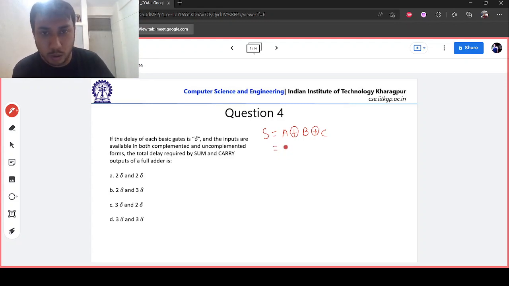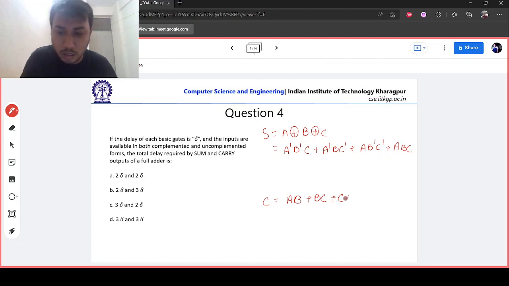If I know the formula, then I will write A bar B bar C plus A bar B C bar plus A B bar C bar plus A B C. And the carry is a majority voter: A B plus B C plus C A, right?